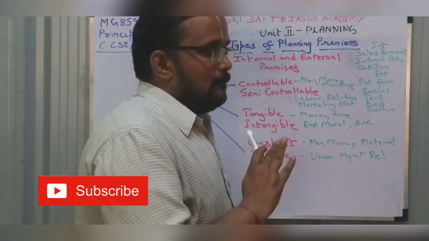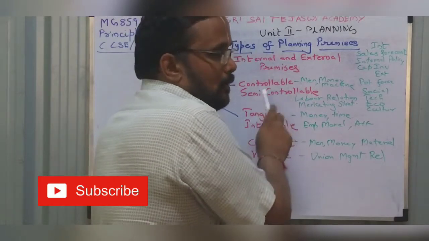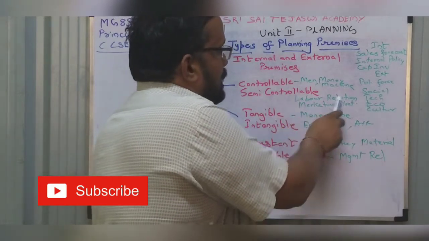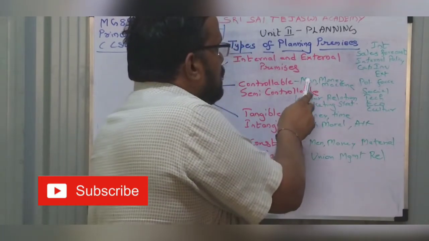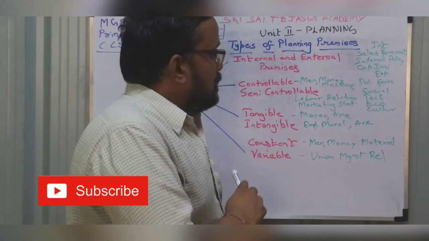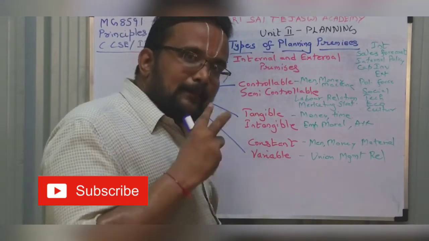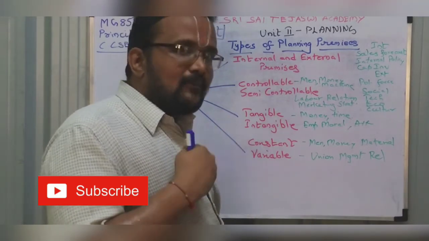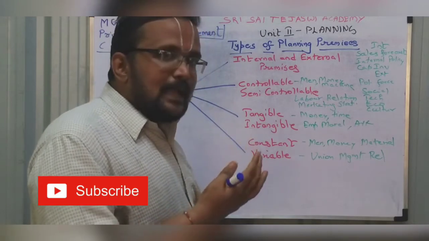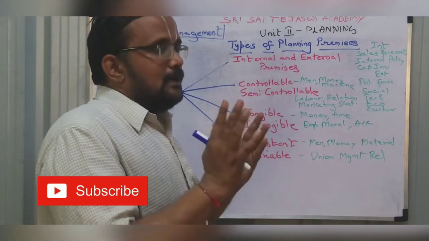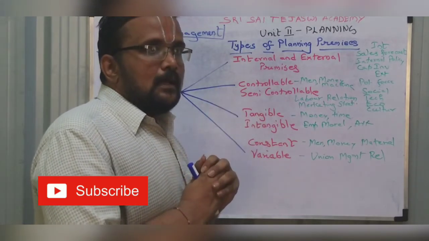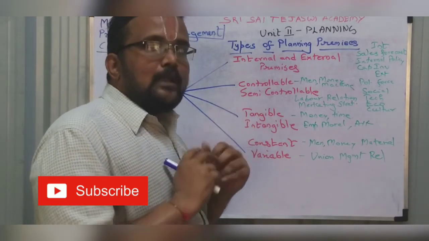Now semi-controllable means labor relations and marketing strategy. These are semi-controllable premises, meaning to some extent I have control. Labor I have control over, but labor relations between labor and management I do not fully control.